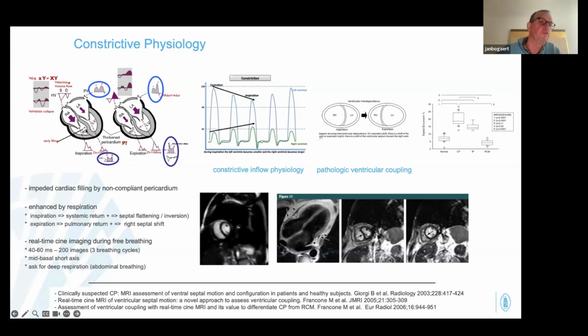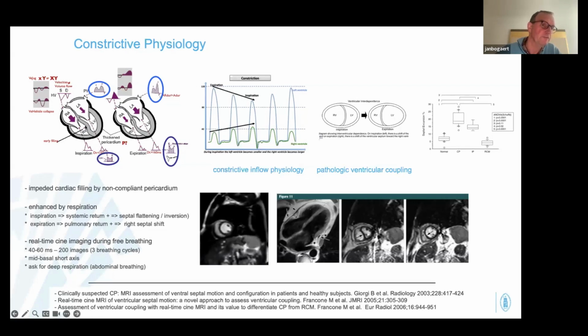which is also typical for constrictive pericarditis: inspiratory septal inversion. How can it be explained? If you have a constrictive pericardium and you inspire, your right heart filling increases, and the right lateral wall cannot go outward because of the constrictive, non-compliant pericardium.